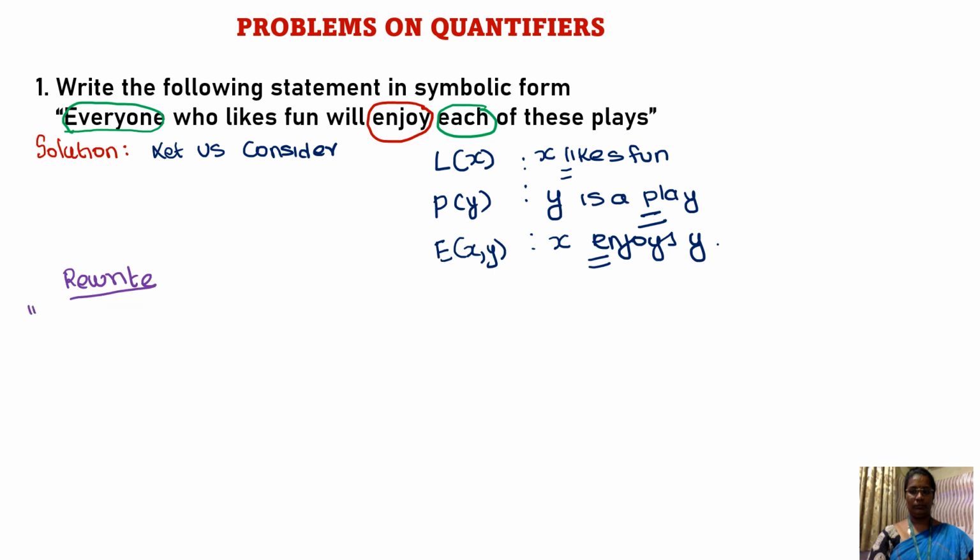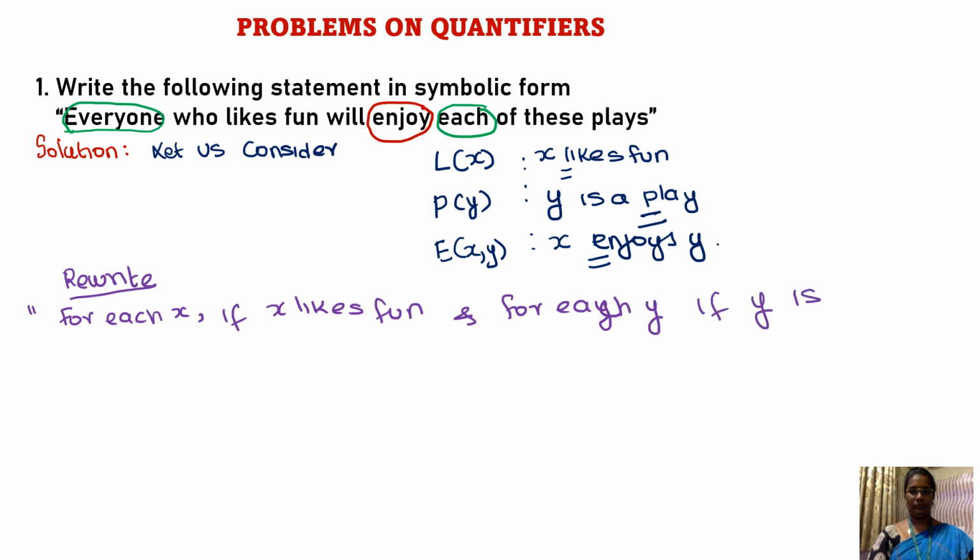The rephrased statement could be written as: for each x, if x likes fun, and for each y, if y is a play, then x enjoys y.